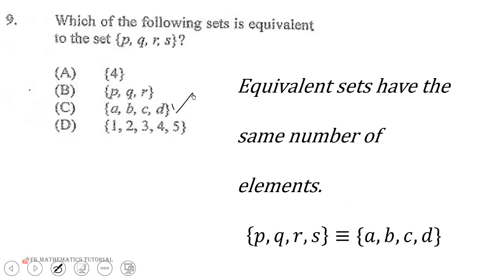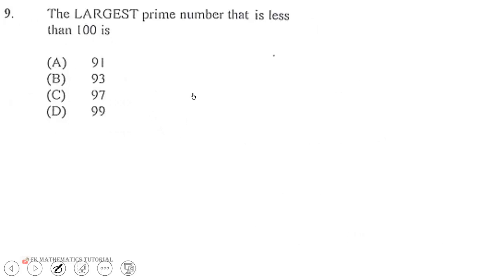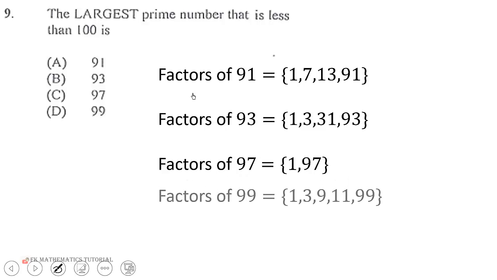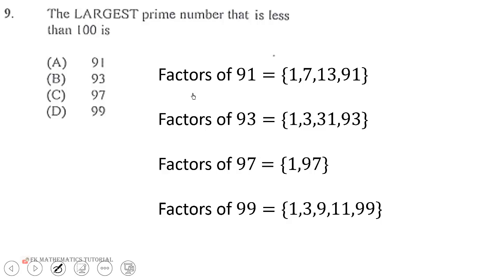The largest prime number that is less than 100 is. So among the numbers, we have factors of 91, factors of 93, factors of 97 is 1 and 97, factors of 99. So the prime number here is 97.